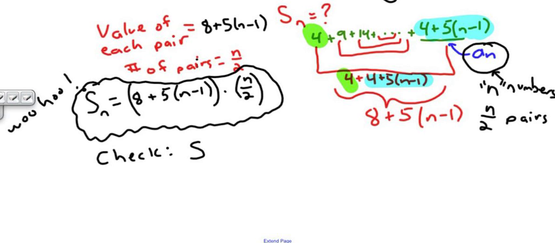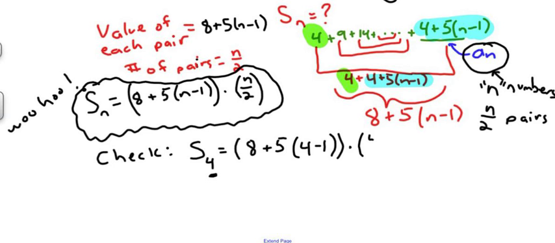So let's check the sum of the first 4 terms. Let's use our new rule or formula and plug in 4 for n. So we have 8 plus 5 times n minus 1, but instead of n minus 1, I'm going to write 4 minus 1 because we are looking for the first 4 terms.